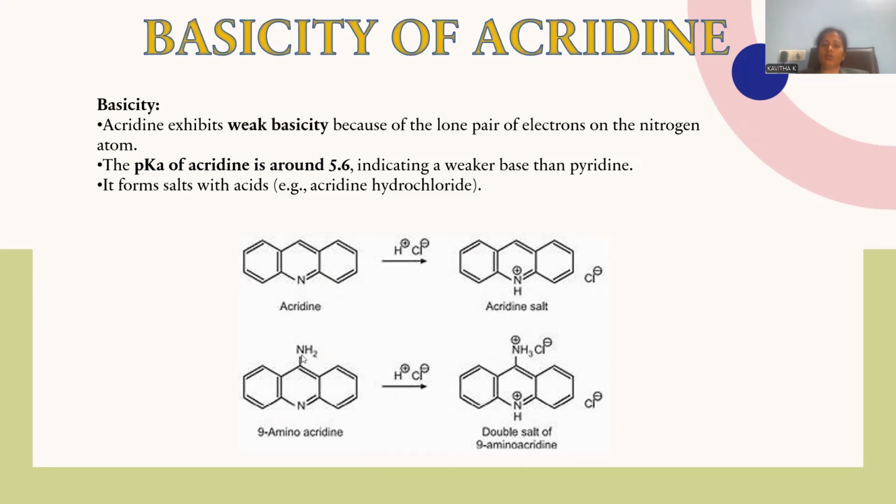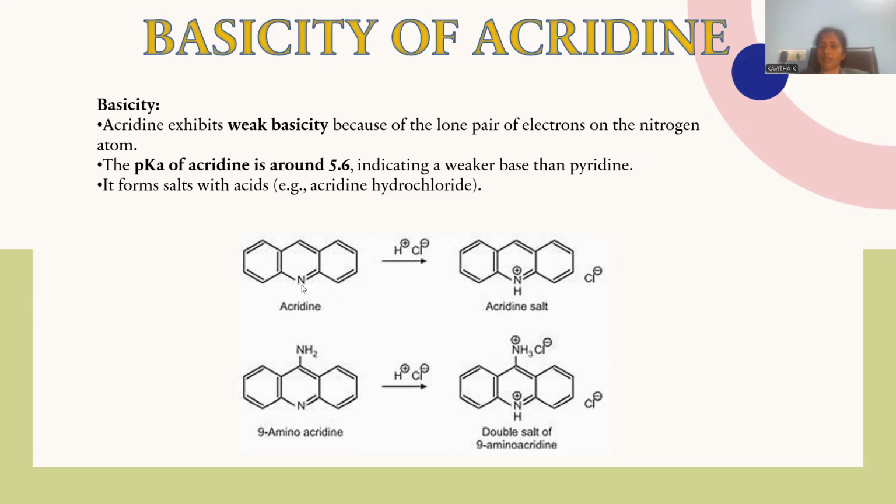At the same time, you also observe there is an amino functionality over the position 10 that is also equally reactive towards this hydrochloric acid, giving rise to a double salt. Double salt of this 9-amino acridine is the consequence whenever an amino functionality is located upon the acridine, being two nitrogens are reactive towards the hydrochloric acid. This is the way basicity of the acridine got proved.